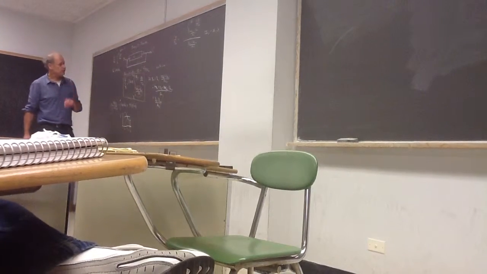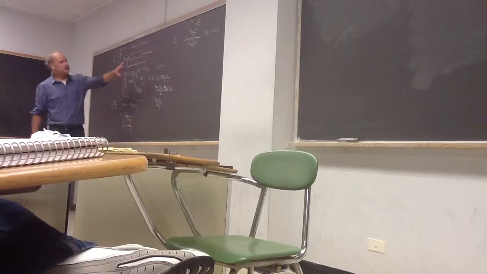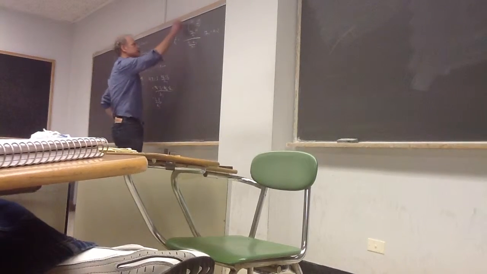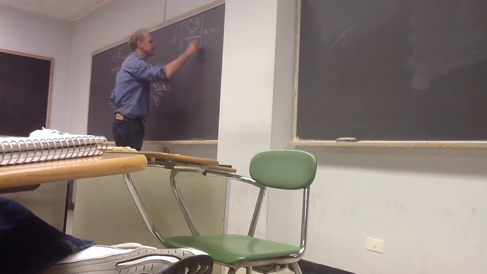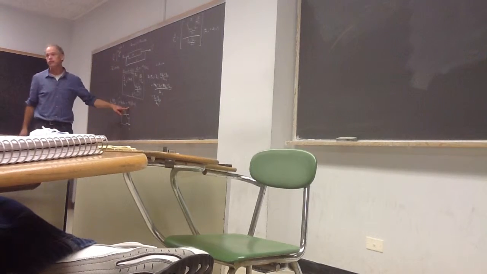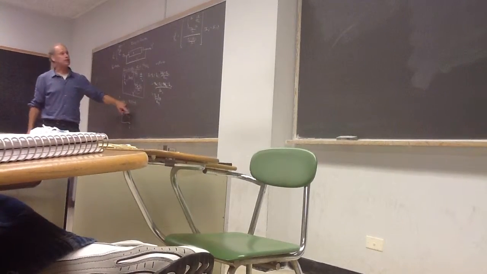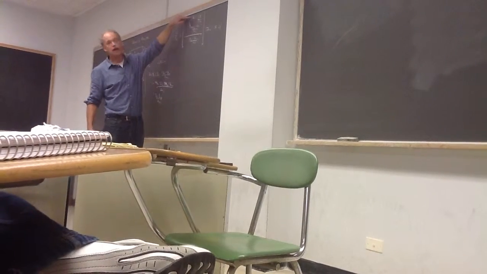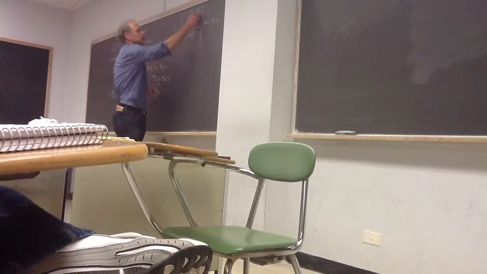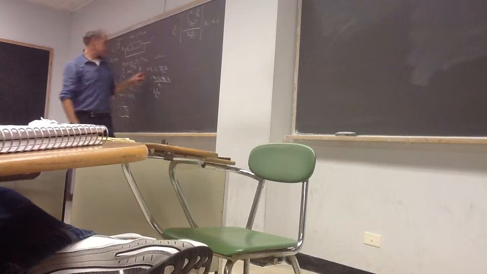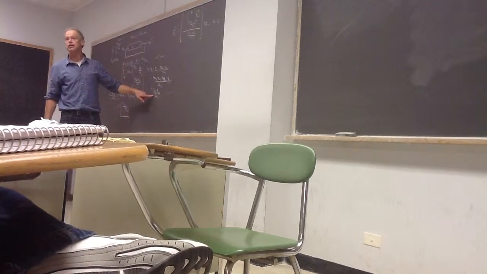What you can see here is that this particular square bracket is exactly in the form of the mean value theorem. It's the integral from the lower limit to the upper limit divided by the upper limit minus the lower limit, which is exactly this.